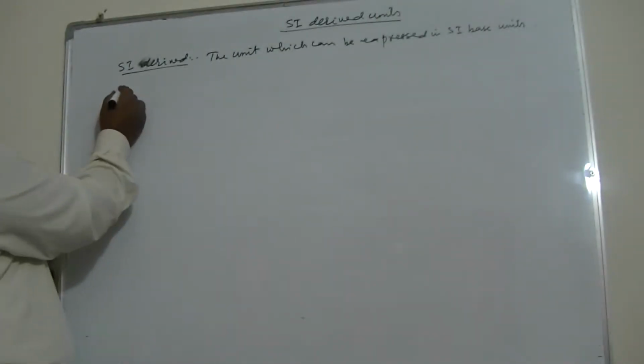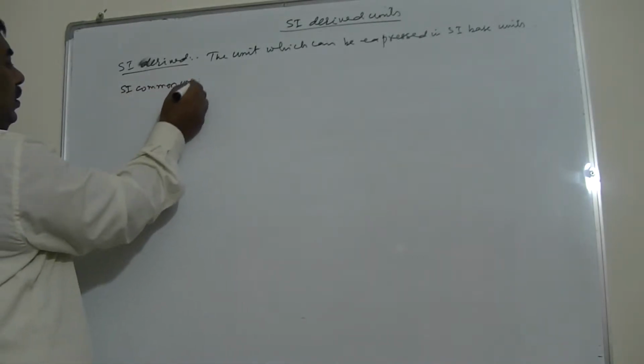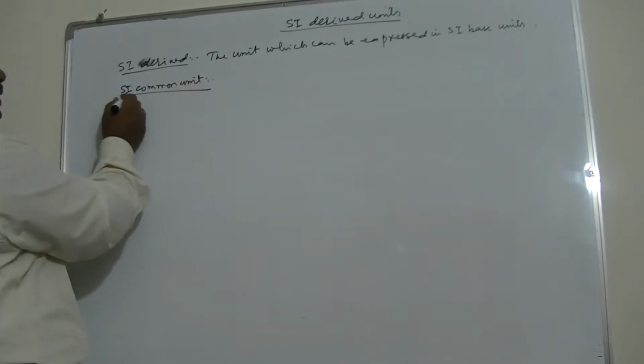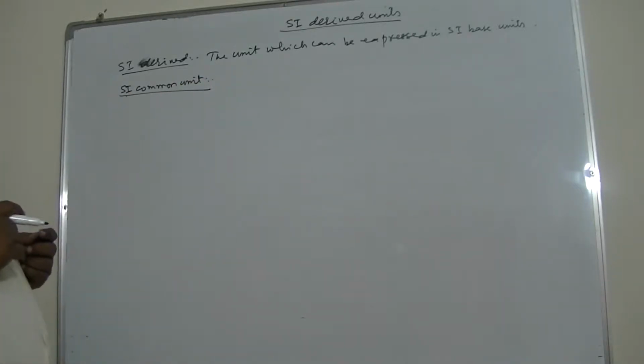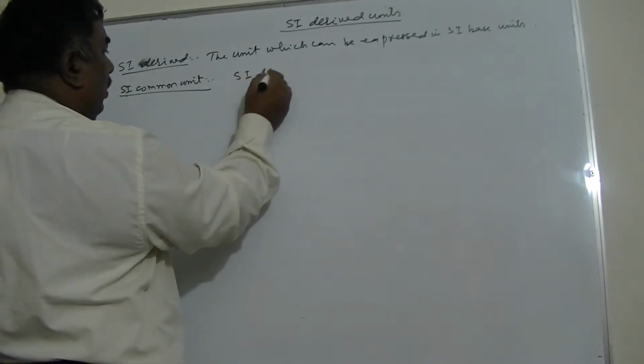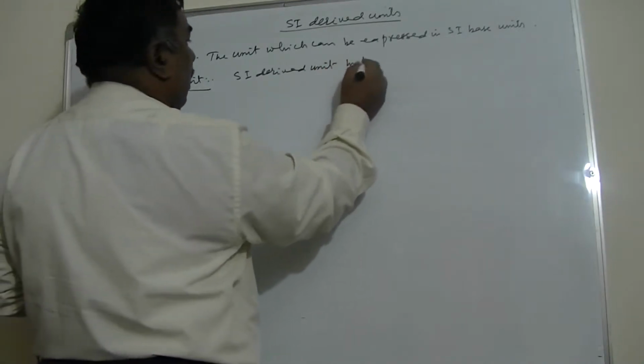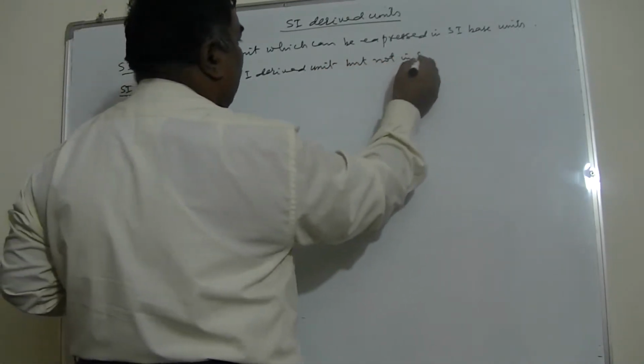And what is the SI common unit? SI common unit is that unit which is an SI derived unit, but not in SI base units.